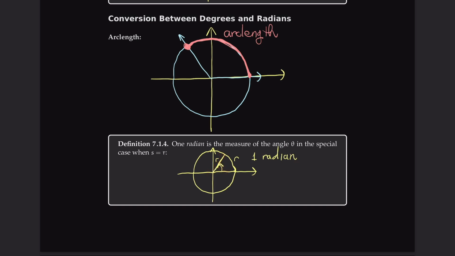And so now we can actually measure the angles on this circle in terms of radians. So for example, the angle right here that's double that beginning angle, we're going to say is 2 radians, because the arc length here is 2 times the original length of the radius, right? And so that angle is 2 radians.